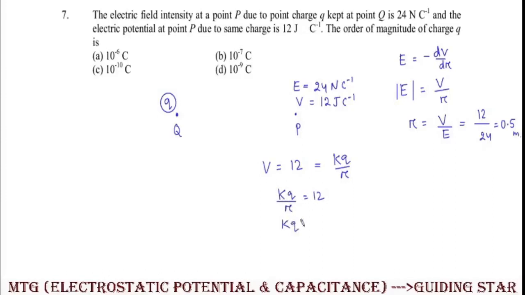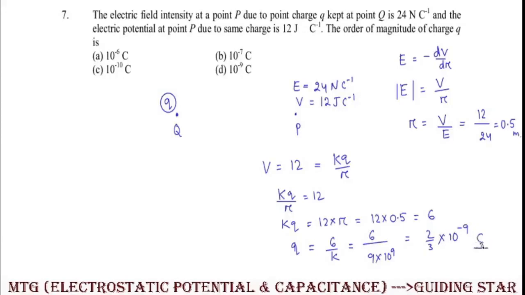So KQ equal to 12 into R, that implies 12 into 0.5, so that will be 6. Then Q will be equal to 6 upon 9 into 10 to the power 9. So it will be 2 by 3 into 10 to the power minus 9.